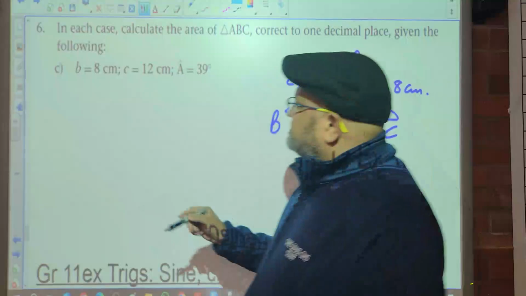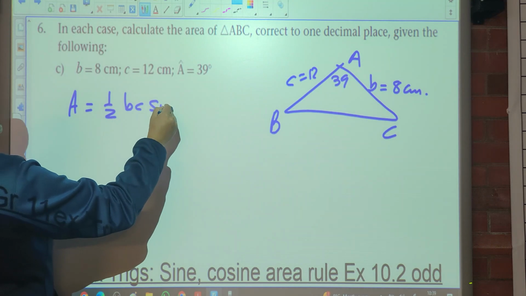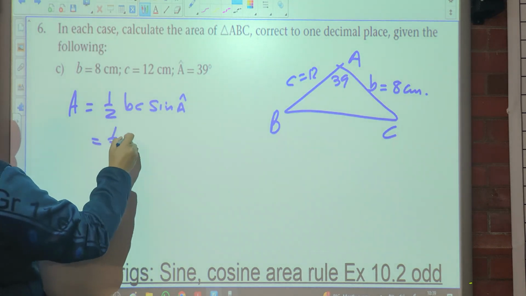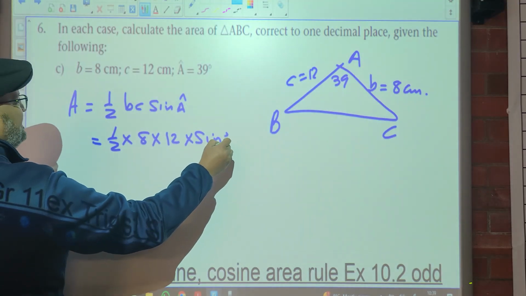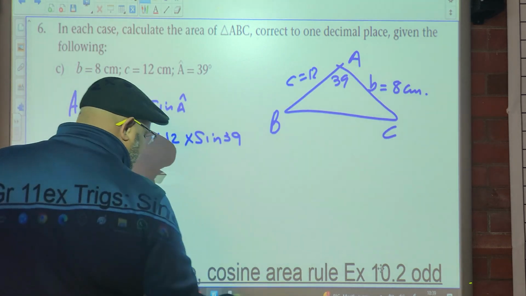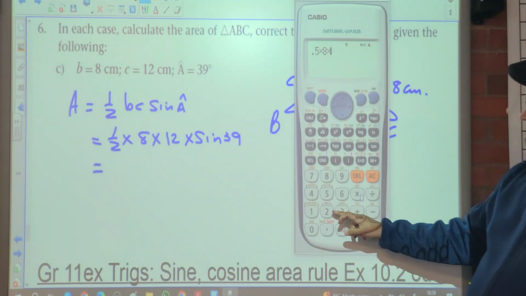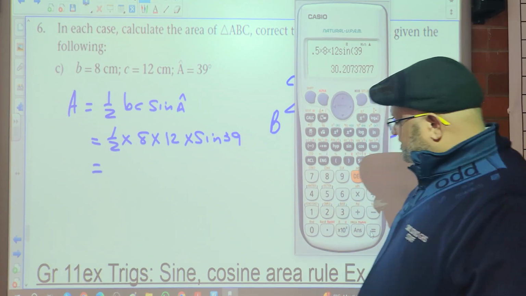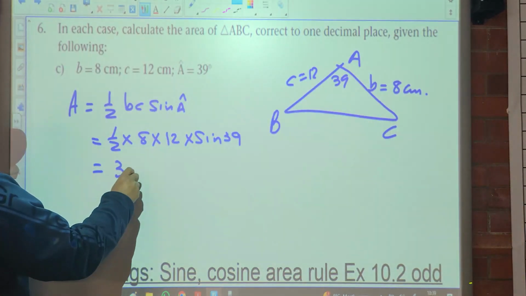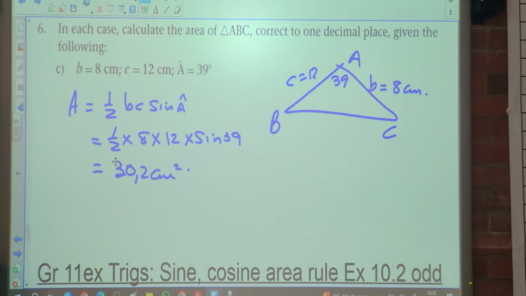Yes. So we go, area is equal to half bc sine of angle A. It's going to be half, b is 8 times c is 12 times sine of 39. It's going to be half times 8 times 12 sine of 39. Is 30.2 centimeters. Any confusion there?